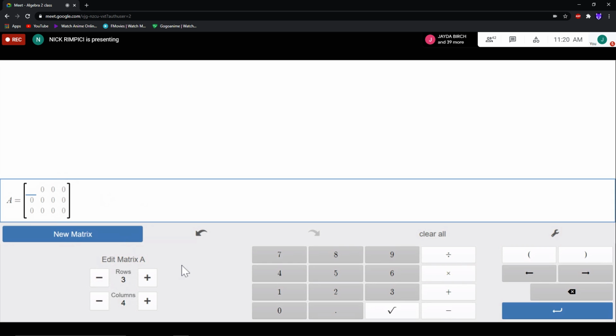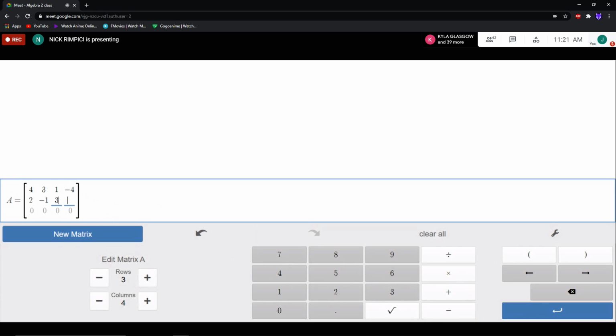Let me look back. The first row, I have 4, 3, 1, negative 4. My second row, I have 2, negative 1, 3, 18.